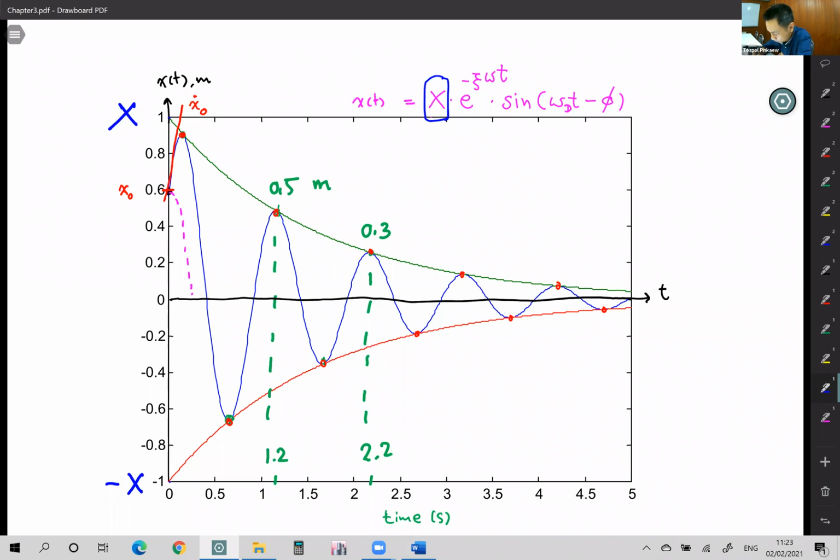Look at this one. It's very hard for me to use the color now. Can you see the yellow? Can you see the yellow curve?